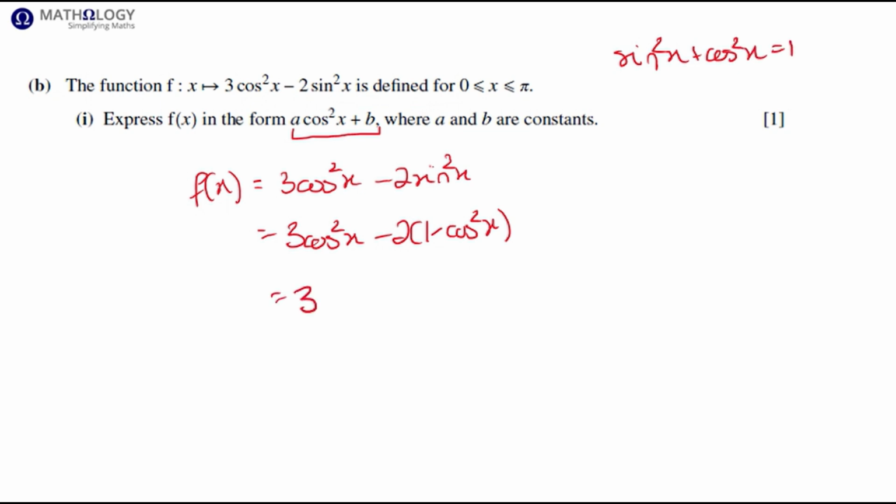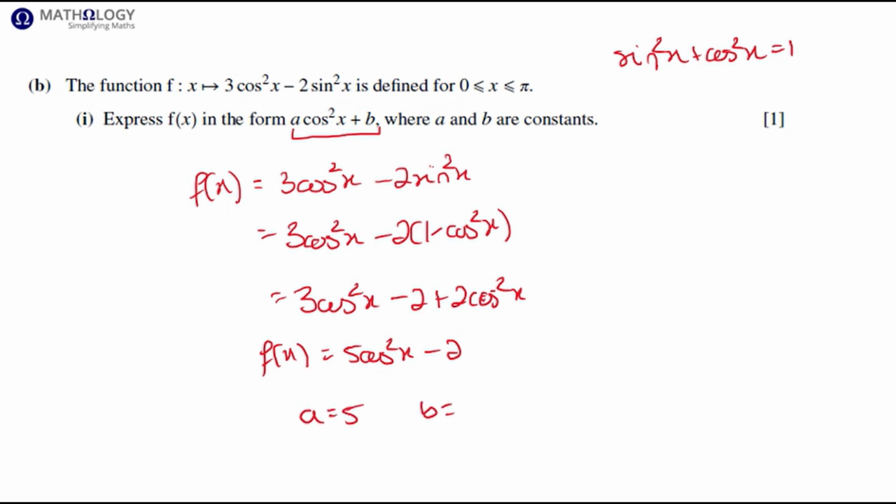So f of x will be 3 cos squared x minus 2 plus 2 cos squared x. F of x therefore equals 5 cos squared x minus 2. So a equals 5 and b equals minus 2.